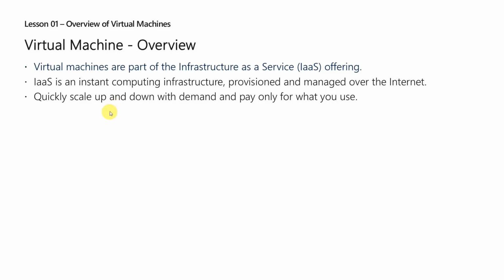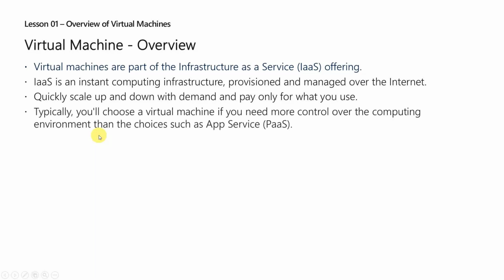Now when do we go to VMs? We choose VMs if we need more control over the environment. Environment means operating system. There are other options like App Service, PaaS. The other day we learned PaaS. In PaaS we will not have complete control.